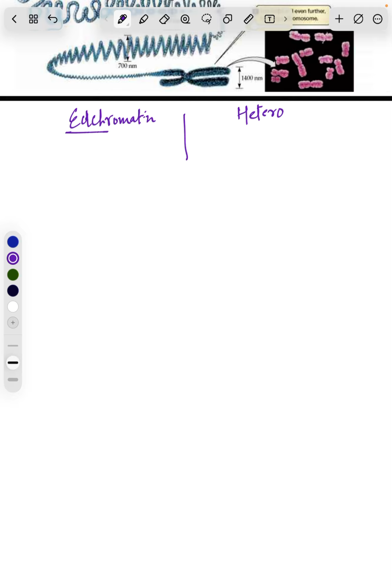It is the genetically active region, and heterochromatin is the genetically inactive region.